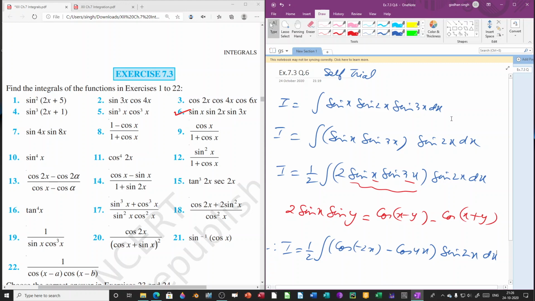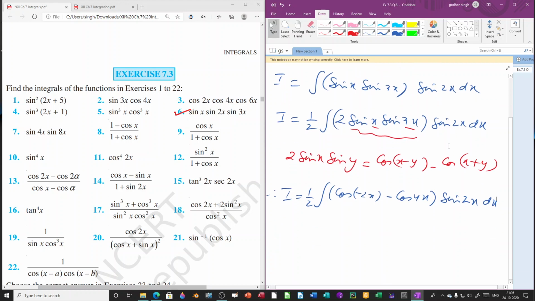Next step, we know that cos minus theta is the same as cos theta, so this can be written as cos 2x sin 2x, then minus cos 4x sin 2x, the whole bracket closed, dx.